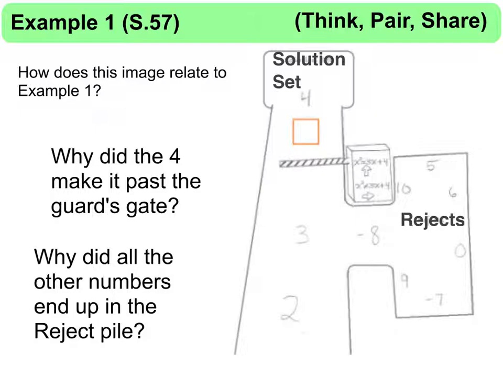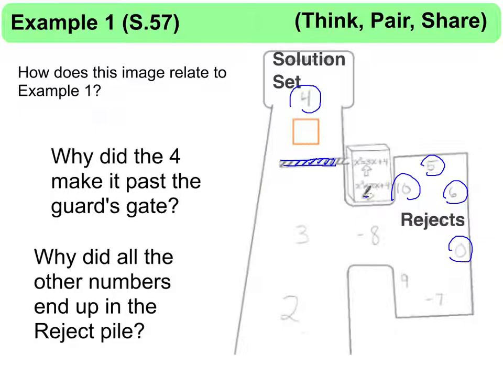In the student's Eureka manual, they provide this illustration where they want them to think about this idea of a gate, like a movie gate where movie stars want to go through, and for some reason the 4 made it through, when all these other values, the 5, the 6, the 0, the 10, and others, have not made it.